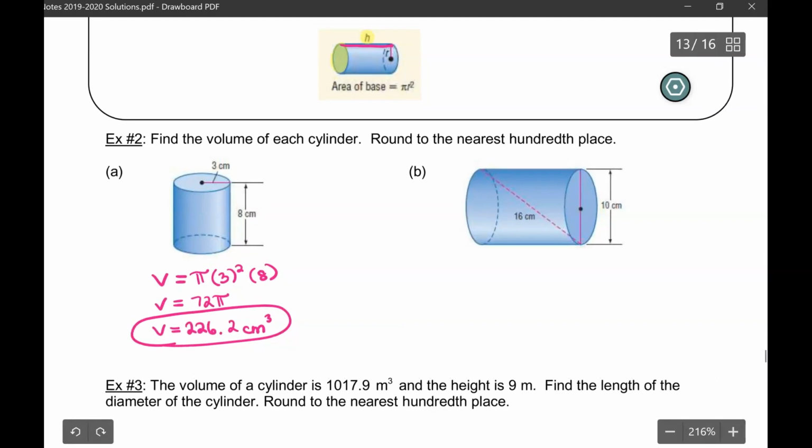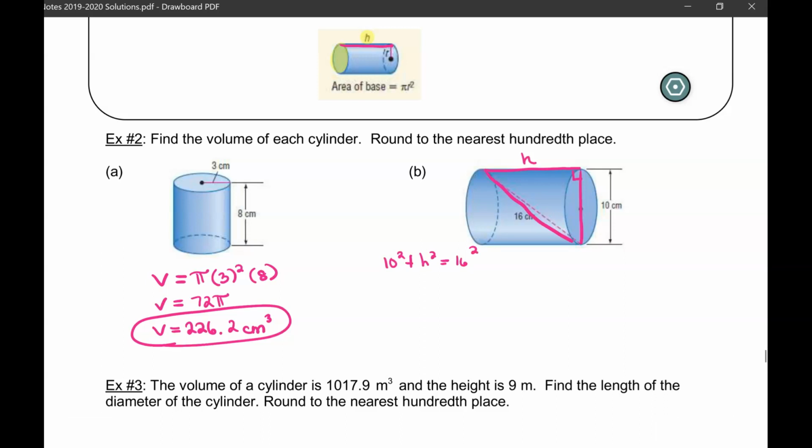In part B, they give us this diagonal piece here, so we're going to have to figure out the height by doing Pythagorean theorem. Here's our right triangle. So I have 10 squared plus h squared equals 16 squared.